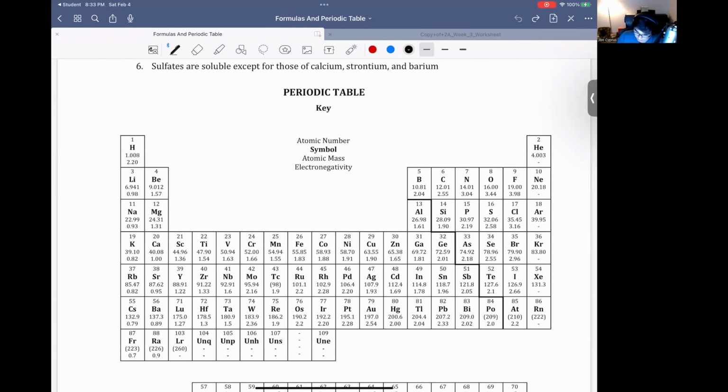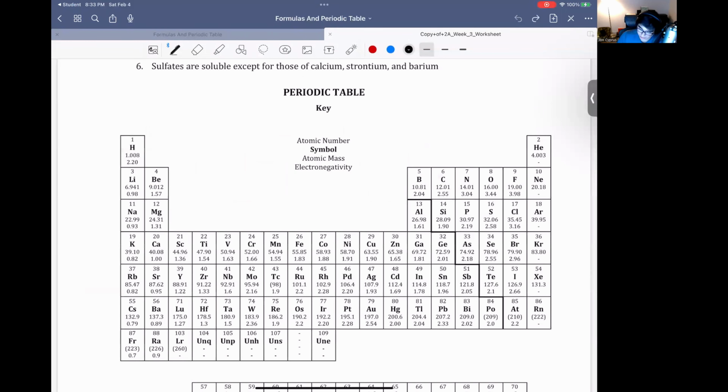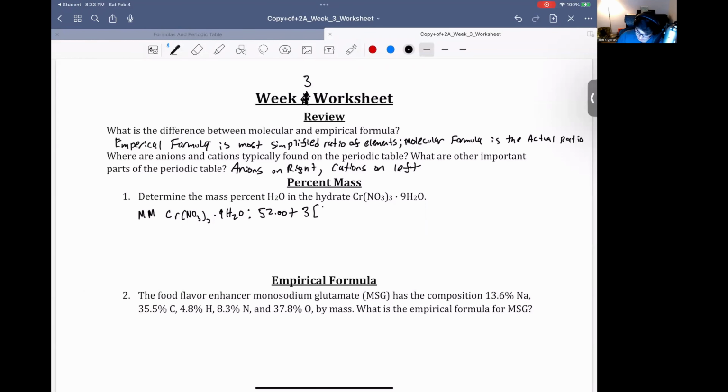So here, let's go and check this, right? Chromium has a mass of 52. Nitrate, now there's 3 of them. I'm going to put a 3 on the outside, put this in a bracket. 3 times nitrogen is 14.01, right? We have 3 oxygens per nitrate, so 3 times 16. And then we have 9H2O. So we have 9 times, and then 2 times 1.008 for hydrogen, plus 16.